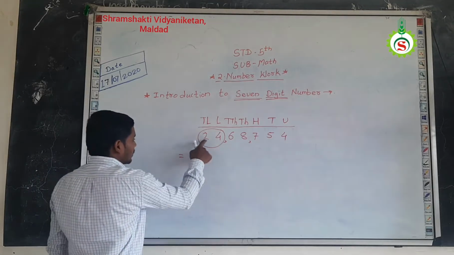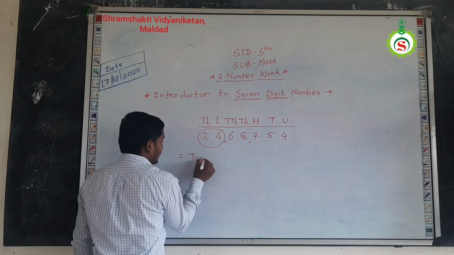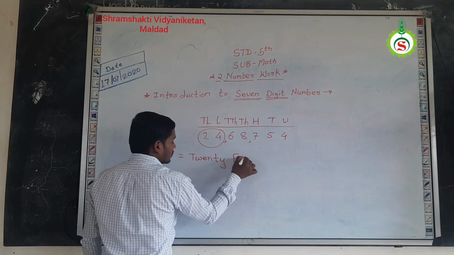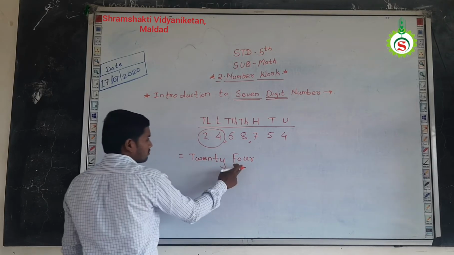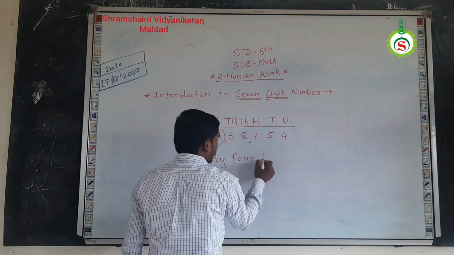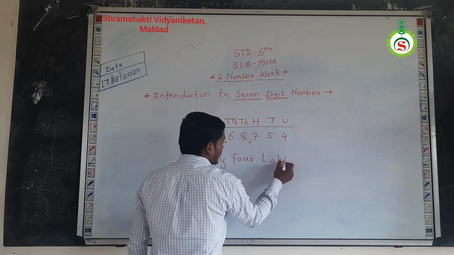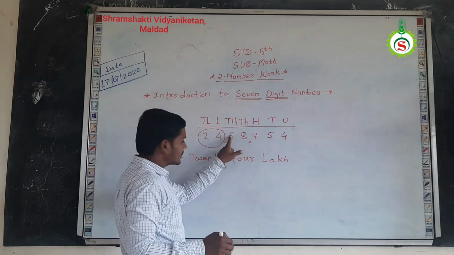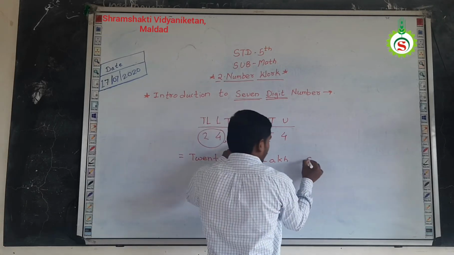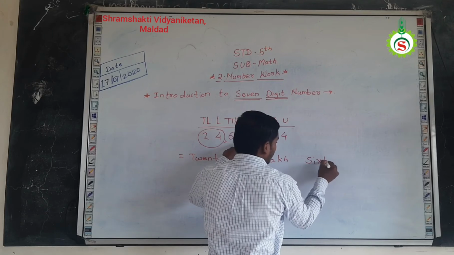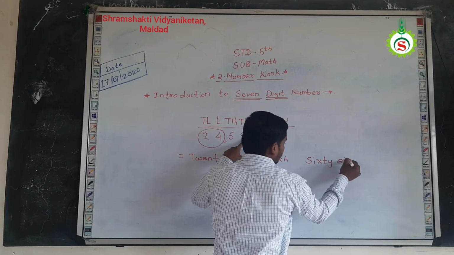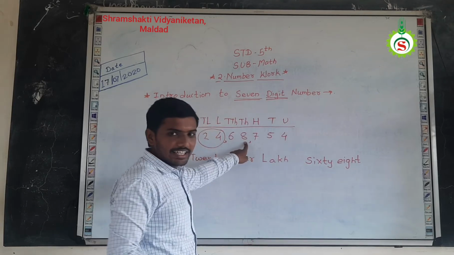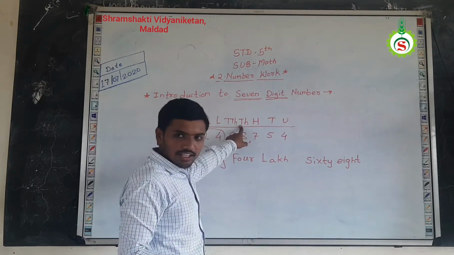24 is at the place of lakh. Okay. 24 lakh, 68. Now next is the 68. But 68 is the place of which? 1000.